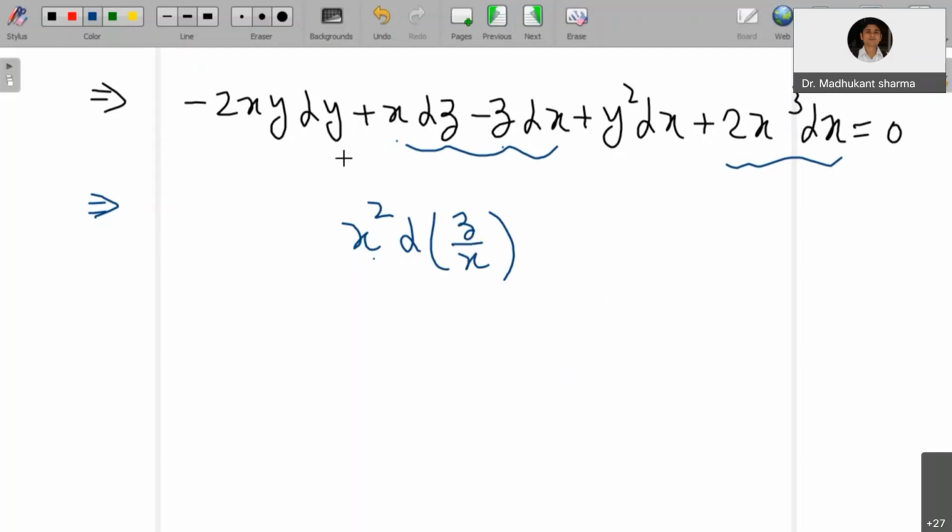Now the next term, this is going to be y square dx minus 2xy dy. So it is again x square times d of y square by x with a minus sign, plus 2x cube.